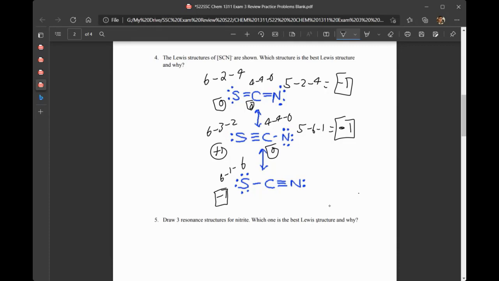And then carbon, which is 4 minus 4, which is 0, and you also subtract 0 because there are no lone pairs. And then nitrogen is going to be 5 minus 3 minus 2, which is going to be 0. Okay, cool.